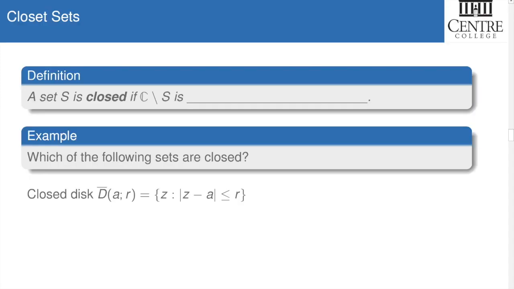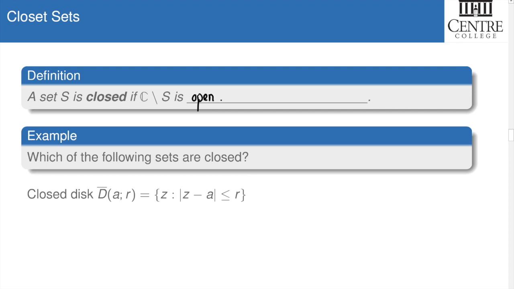Now that we have talked about open sets, we would like to discuss the idea of closed sets. Just like open sets, these are quite important. What we're going to do is relate the notion of being closed to that of being open. A set S is closed if the complement of that set is open.